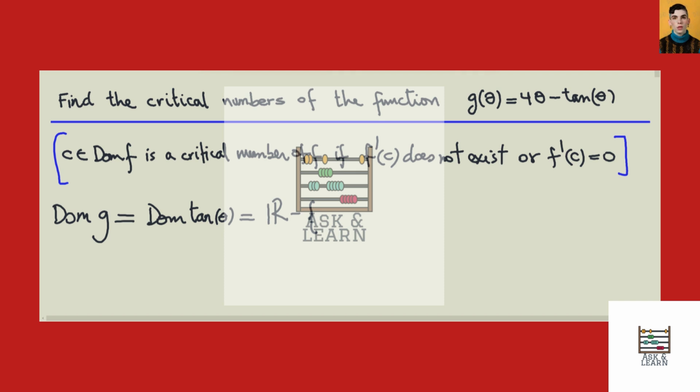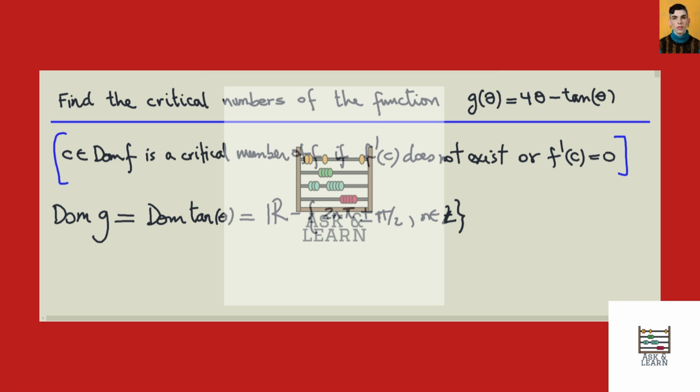all the numbers of the form 2n pi plus or minus pi half, where n is an integer. That is because we know that the tangent of an angle is not defined for the angle equal to pi half or negative pi half, and then we have a period of 2 pi.